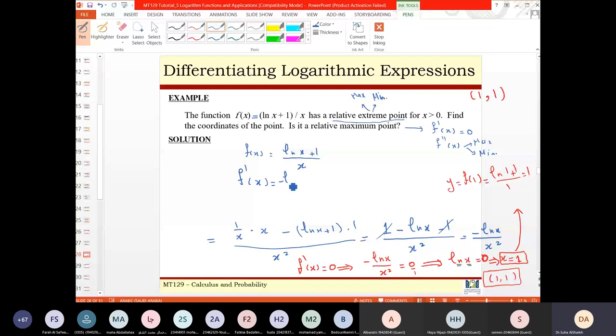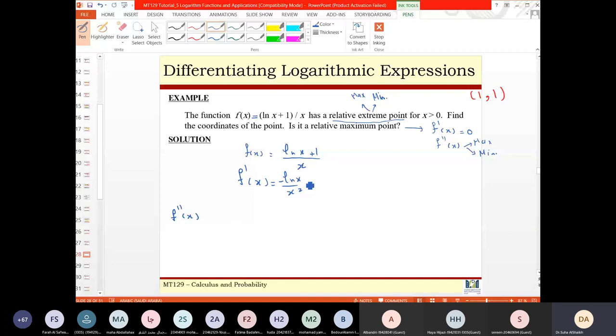The derivative of the derivative, and the derivative is actually a division of two functions. So the derivative of the numerator, so minus ln x dash multiplied by the second, minus the first multiplied by the derivative of the second, divided by the second squared, meaning x to the power 4.